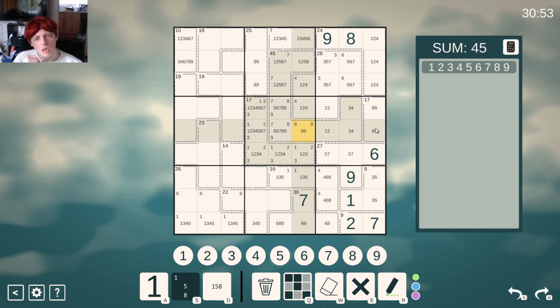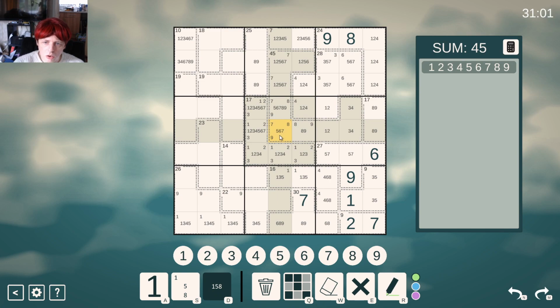Got the 8-9 pair. Horizontal pair, so that can't be 8 or 9. No, that must be 8 or 9, and that must be 8 or 9.